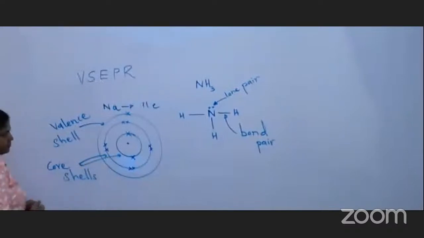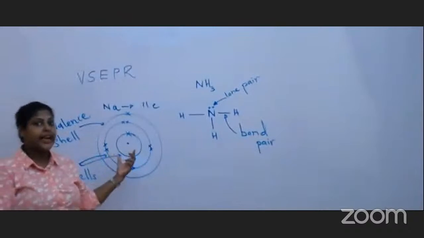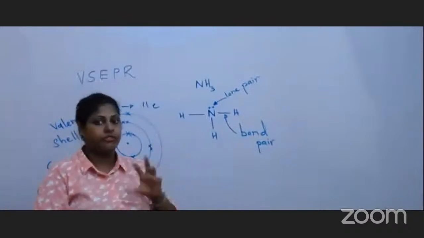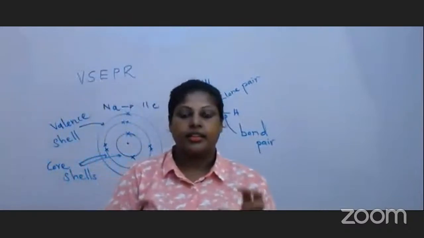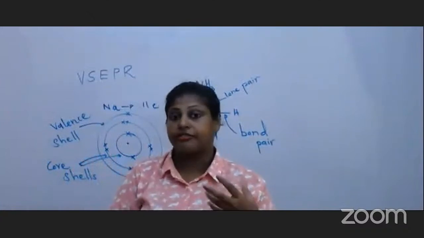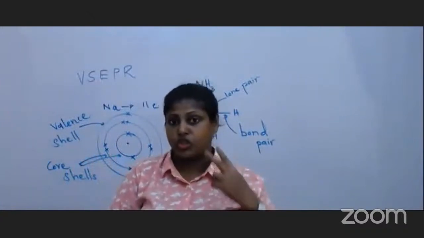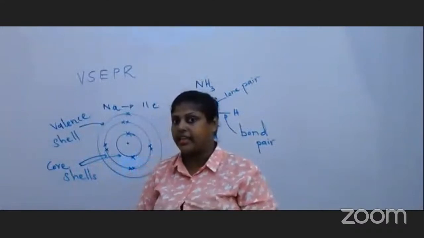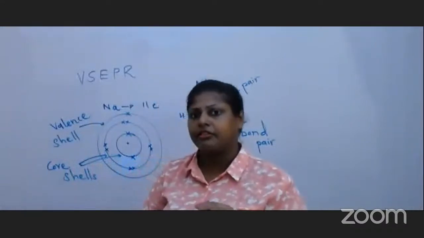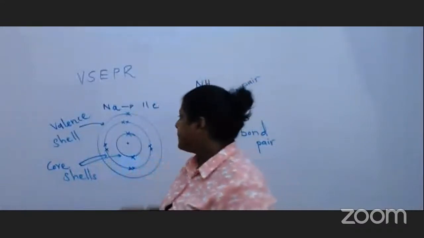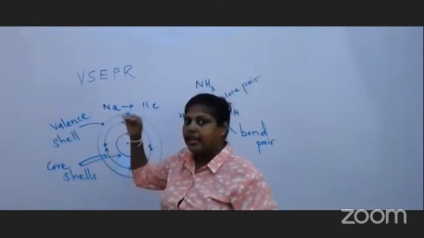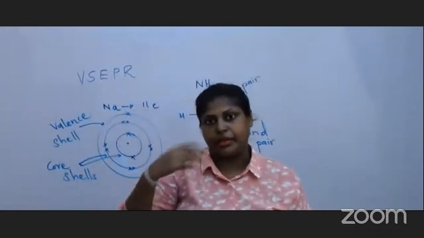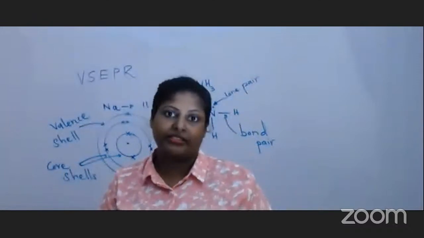Core shells are completely filled with electrons. The maximum number of electrons in the first energy level is 2, in the second energy level 8. So they are completely filled. But the valence shell has fewer than 8 electrons.